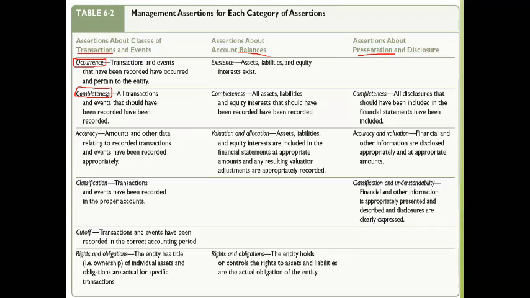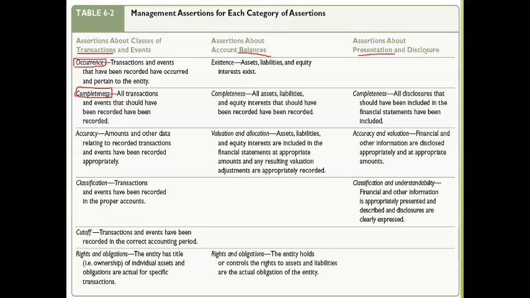In order to check for completeness, I have to refer back to the books and make sure that the 10 items I found in the warehouse are completely recorded or included in the books. So this is completeness. Occurrence is looking to the books and then making sure it is real. Completeness is the opposite. I'm checking on real life and then making sure that all that is in real life has been completely included in the books.